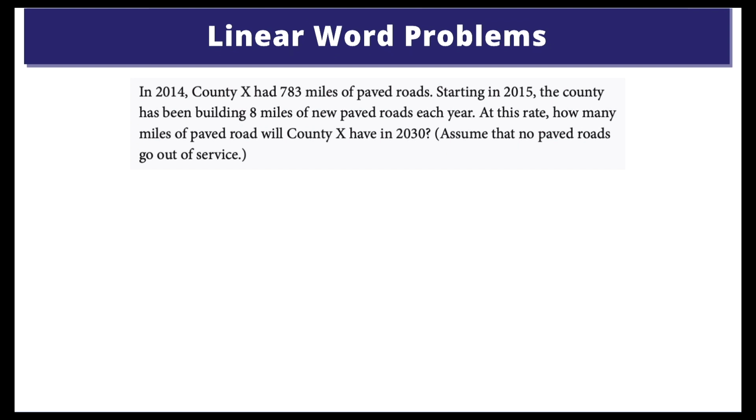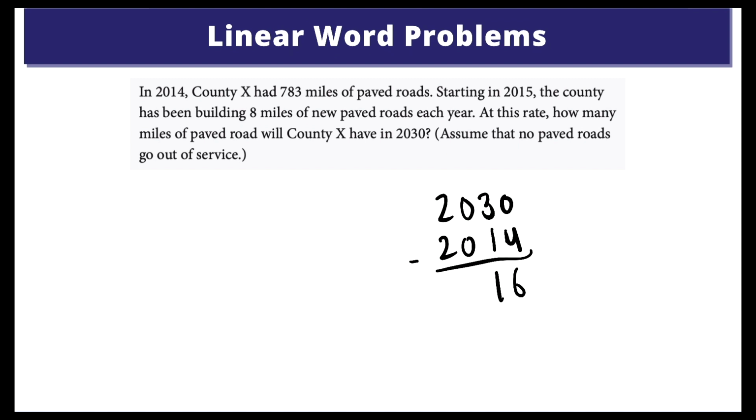All right. So let's see. One thing that we need to see is how many years has passed from 2014 to 2030. So let's do the math. Minus that, and we get 16. All right, so 16 years has passed.